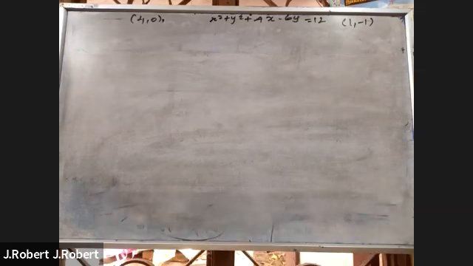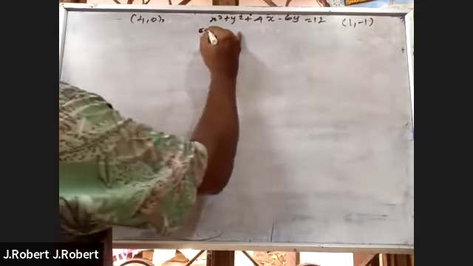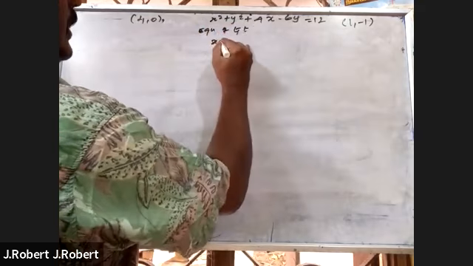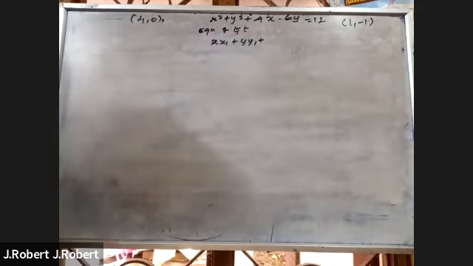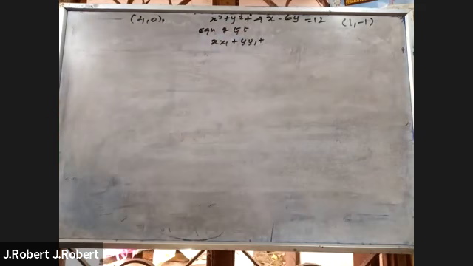Listen, it is given that equation of the tangent to the circle at 1 comma 1. So what is the formula for equation of tangent? Your equation of tangent is x x1 plus y y1. The equation of the tangent touches the circle. The circle passing through touches the circle x square plus y square plus 4x minus 6y externally at the point 1 comma minus 1. Then the radius of C is.